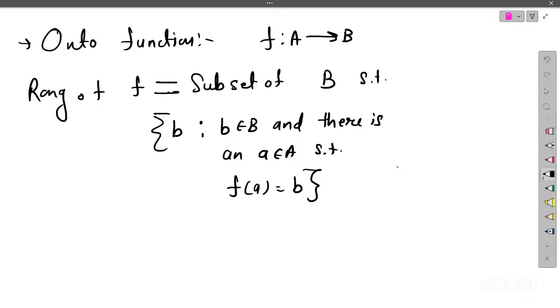So we have to collect all those elements from the output which have some kind of input, some kind of pre-images.